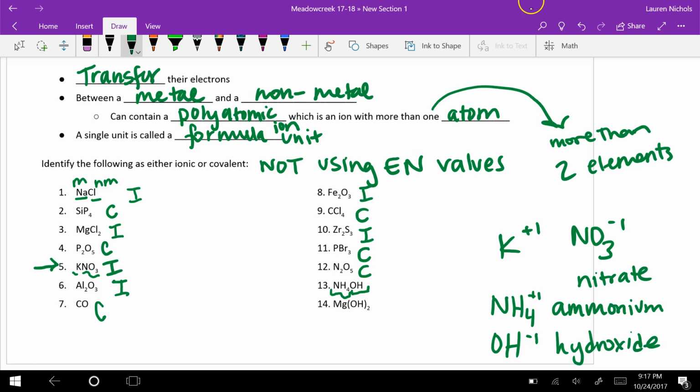And so because we have ions, that makes it ionic. And then magnesium is a metal, and OH is again hydroxide, it's an ion, so that makes this ionic. So those are the ways that you would tell whether or not something is ionic or covalent if you don't have electronegativity values.